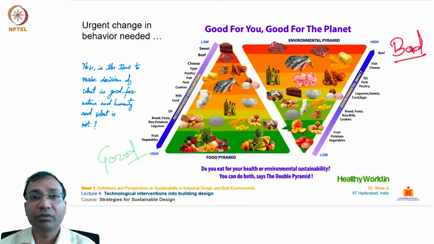You look around your place, you will see all of these products are manufactured somewhere, they have utilized certain resources, they have used some amount of energy. The summation of all of these products combined for the whole world results in a huge consumption of resources and energy. So how a change at a unit level can bring a big change in the overall scale is the matter of understanding here.